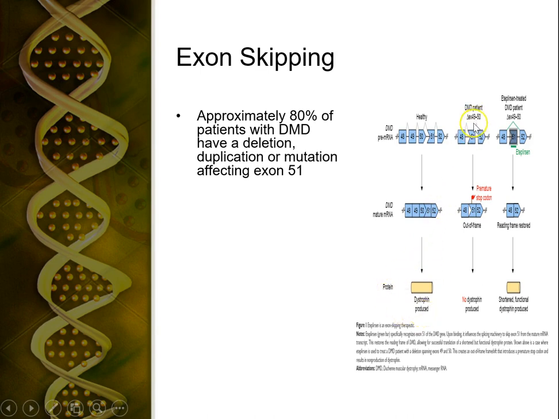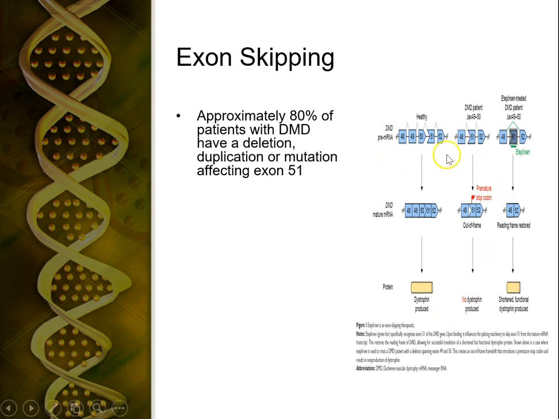In a patient that has a deletion of exons 49 and 50, we have a problem because of the deletion of part of 49 and 50, there's now a premature stop codon at 51 that results in the stopping of protein production and no dystrophin protein is produced. So you have no dystrophin, therefore no connection between the actin and the cytoskeleton.